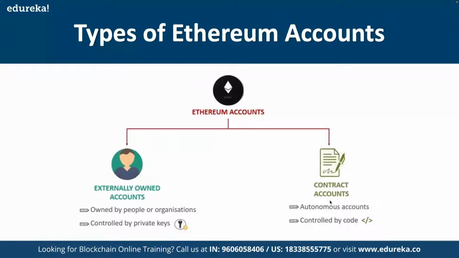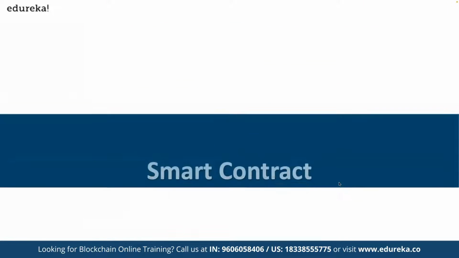And these contracts are written in high-level scripting languages like Solidity, Serpent, or LLL. And every contract that resides on an Ethereum blockchain is stored in a specific format called EVM, which is nothing but Ethereum Virtual Machine Bytecode, which is an Ethereum specific binary format. Okay, that's the overall idea and the difference between externally owned accounts and the contract accounts.